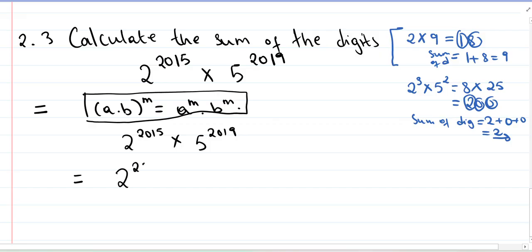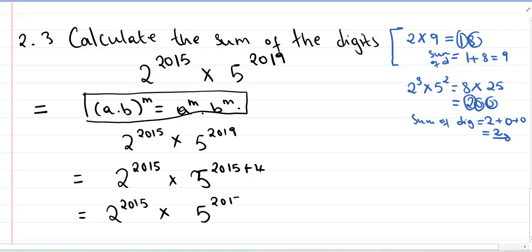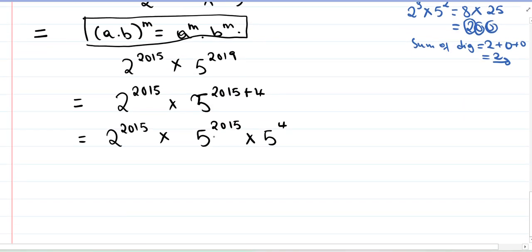It's going to be 2 to the power of 2015 multiplied by 5 to the power of 2015 plus 4, meaning 2 to the power of 2015 multiplied by 5 to the power of 2015 multiplied by 5 to the power of 4, because the laws of exponents say when the bases are the same, we add the exponents. I hope we are still together.